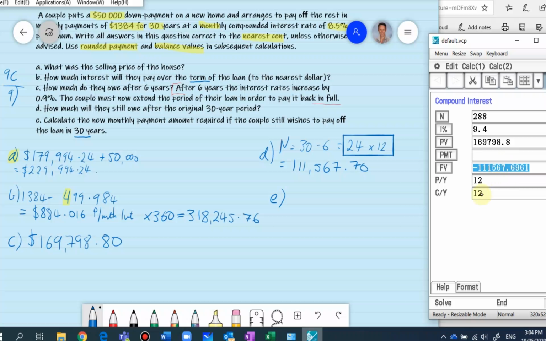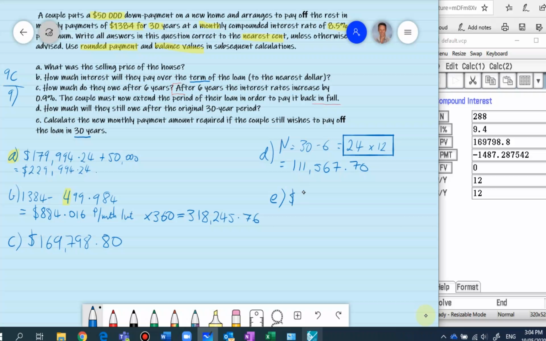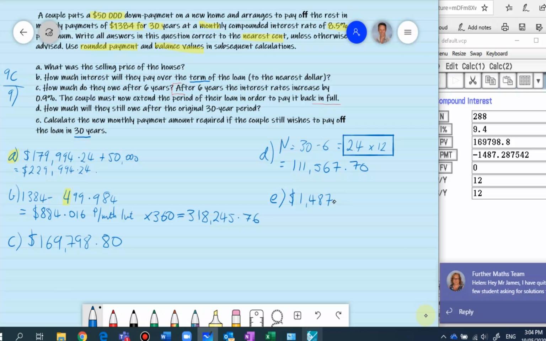We know that if they're going to pay it off, we're going to need future value to be 0. Okay, so the payments for this are going to be $1,487.29. Okay, that's rounded.